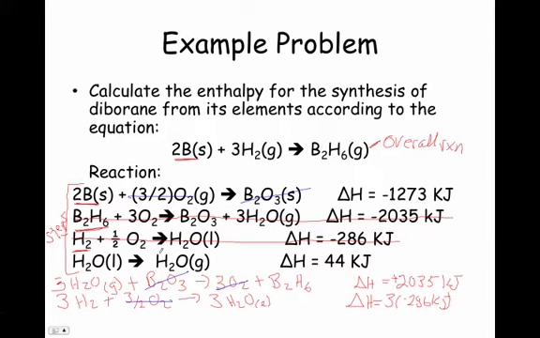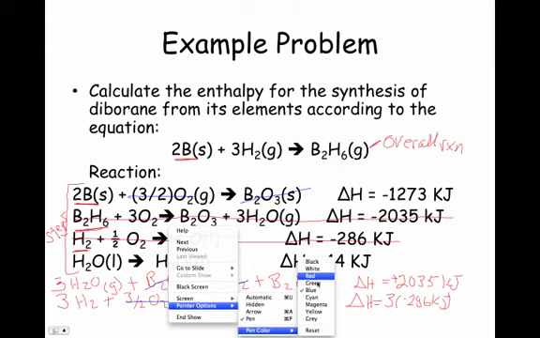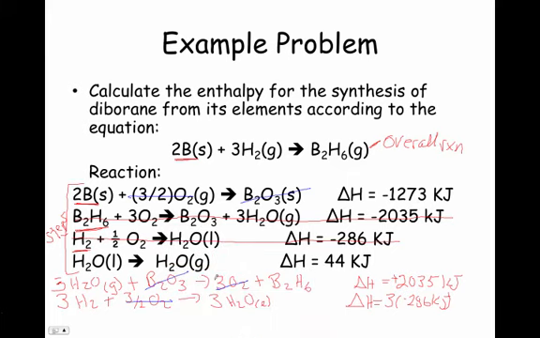So we're going to have to multiply that by 3, so it becomes 3 H2O liquids go to 3 H2O gases.